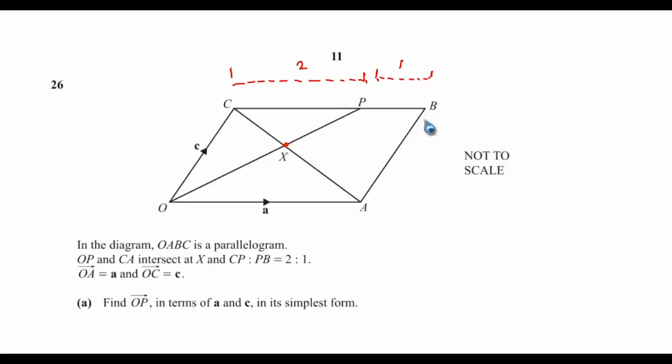So once you know the value of CB, then you can get CP and PB respectively.